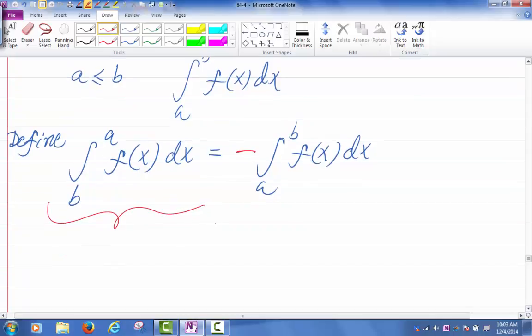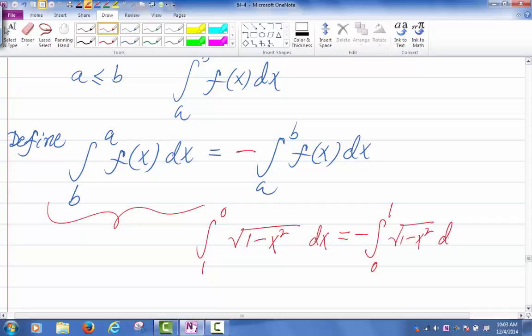Let's say I have the integral from 1 to 0 of root of 1 minus x squared dx. Well, this integral will be the same as the negative of the integral from 0 to 1 of the same integrand, and we know that the integral from 0 to 1 is pi over 4. We computed that today as pi over 4.